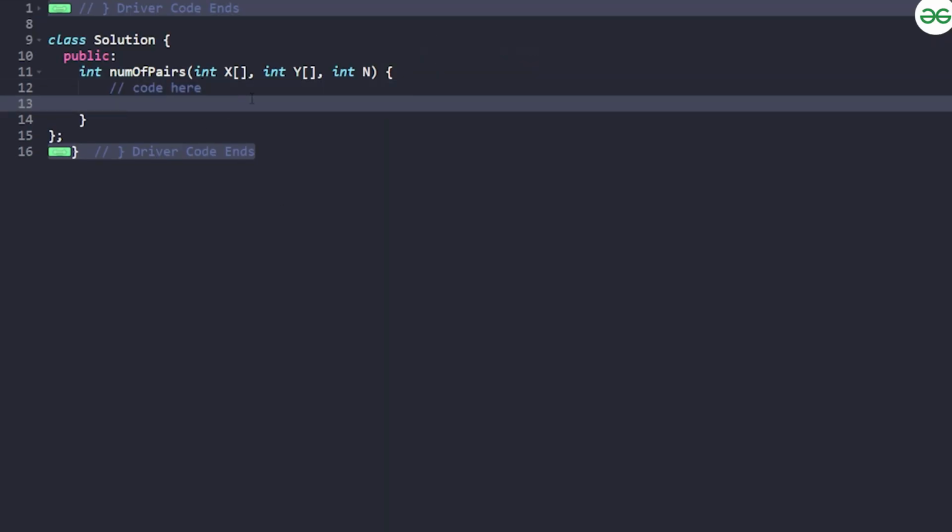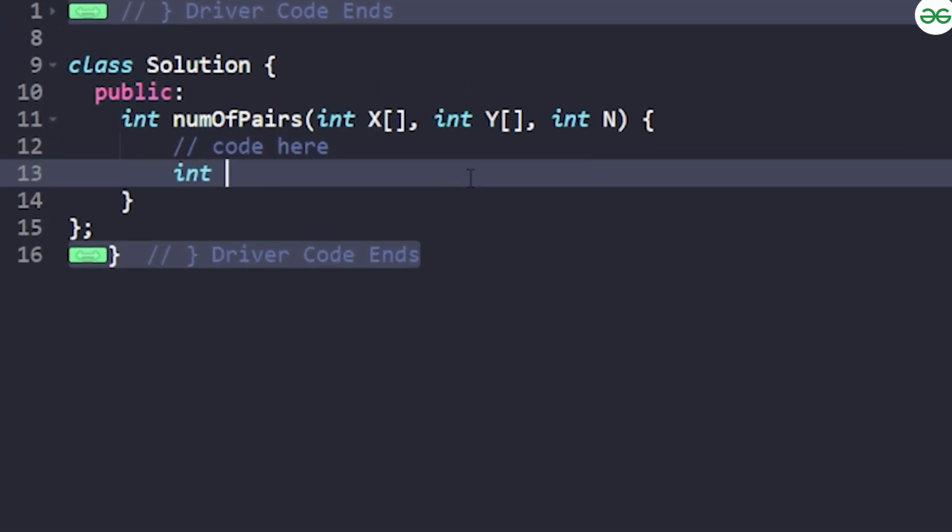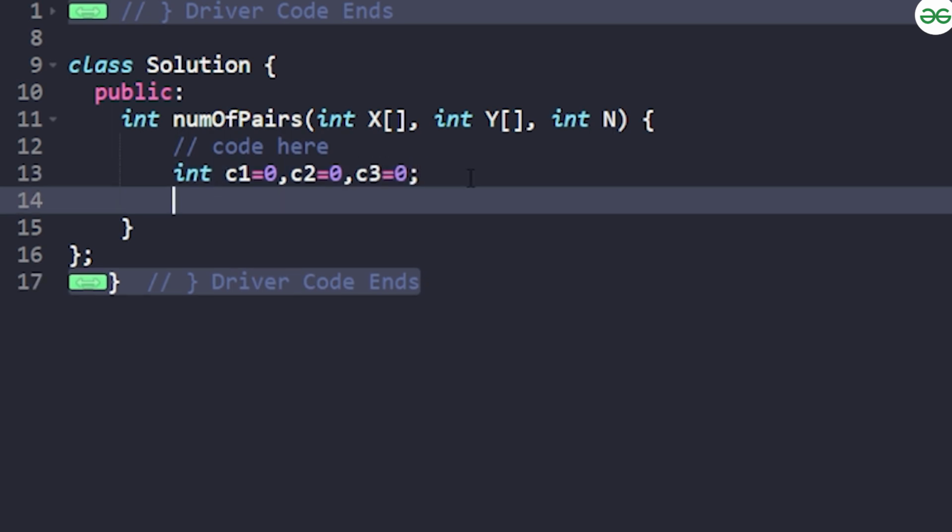What you will have is int counter 1 as 0, which counts the number of pairs that have the same x-axis, and counter 2 counting the number of pairs that have the same y-axis, right. After this, counter 3 counts the pairs that have the same x and y axis, so in that case they will be neglected from the answer, right.